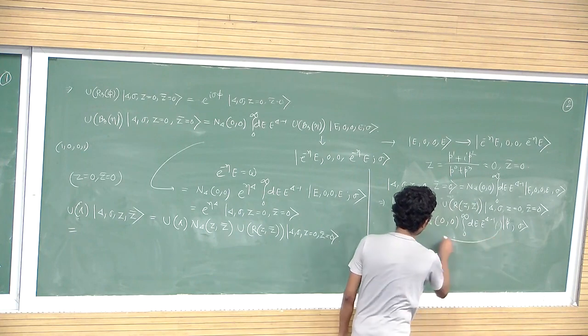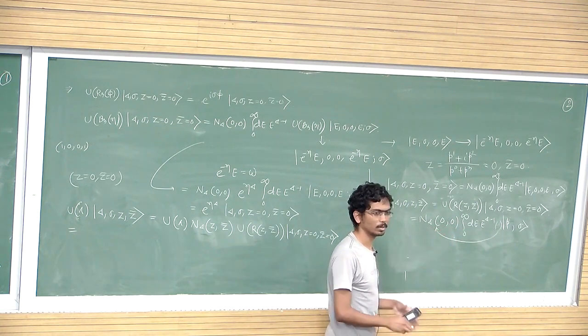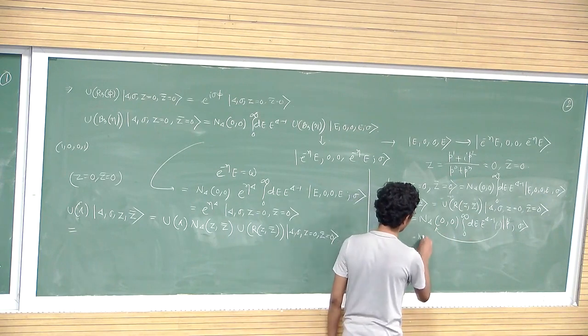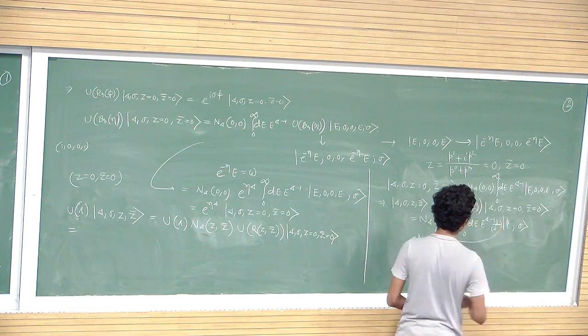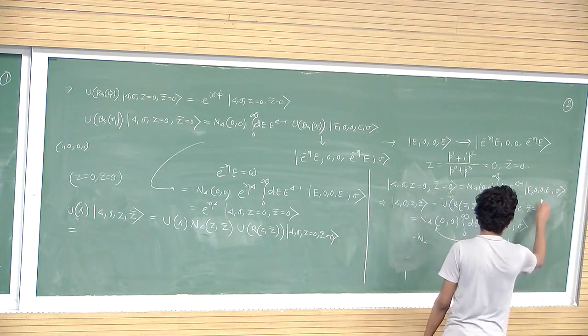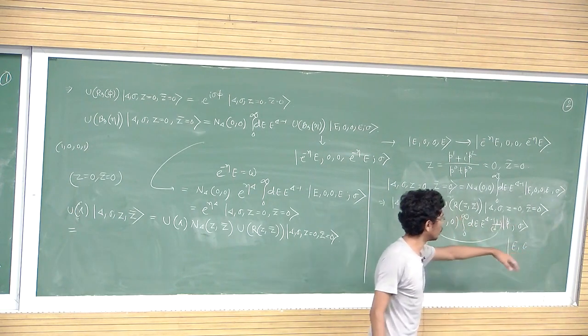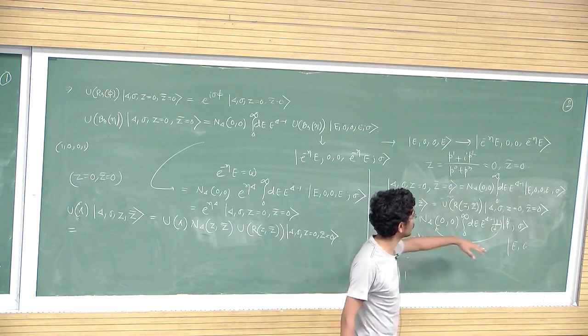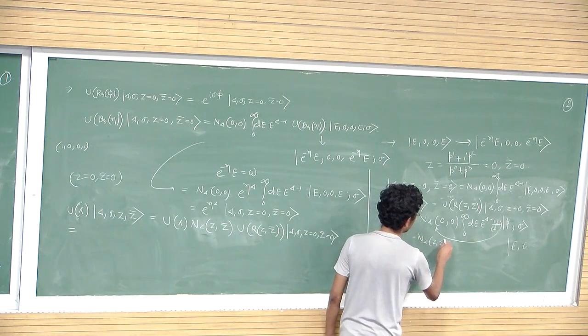This factor, included with this factor, is what I am calling N delta z z bar. There will be some factor of 1 over z plus z bar or something like that. I have written this in terms of theta phi; when you convert theta phi into z z bar, there will be some factor, and this whole thing I am calling N delta z z bar.